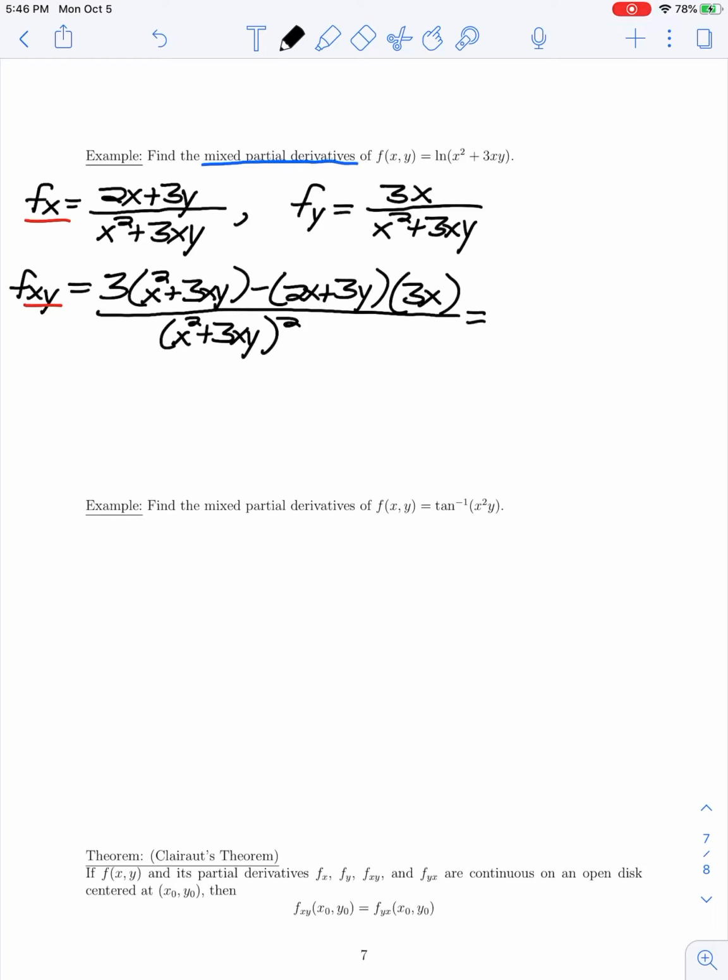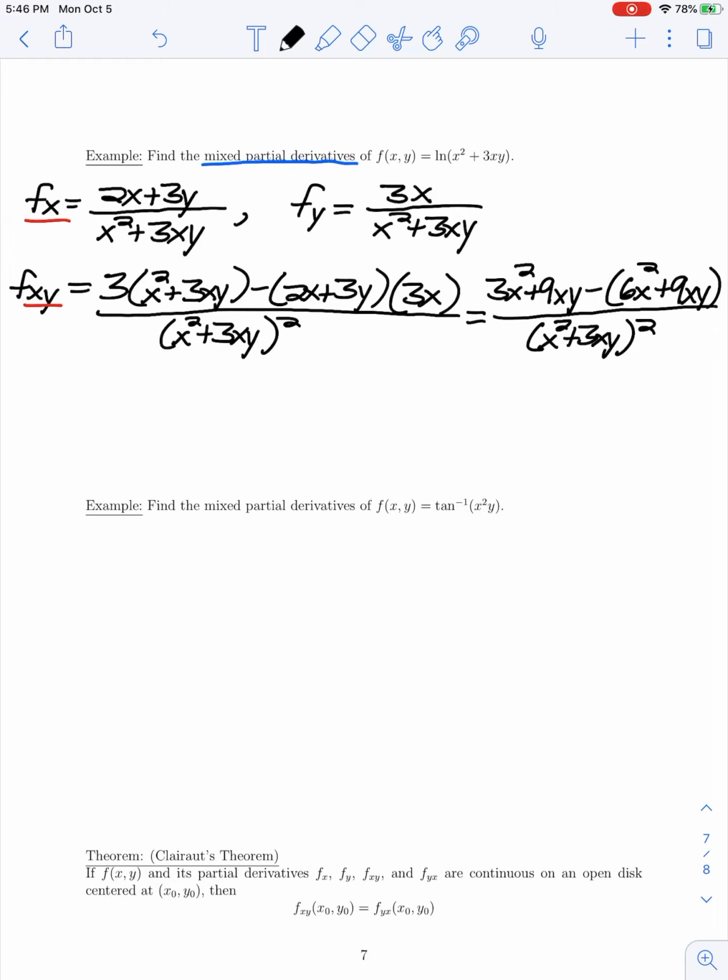So simplifying a little bit, in the numerator, we have a 3x squared plus 9xy minus a 6x squared plus 9xy all over our same denominator.